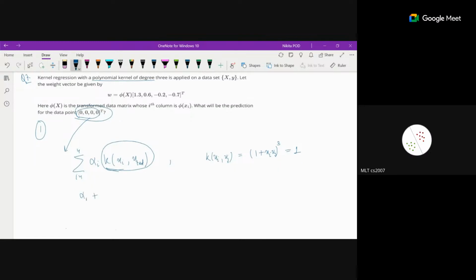So you will get alpha 1 plus alpha 2 plus alpha 3 plus alpha 4 as the prediction. All these alphas are given to us here, and when you add all of this, 1.3 plus 0.6 gives 1.9, and 1.9 minus 0.9 is just 1. So the answer is 1.